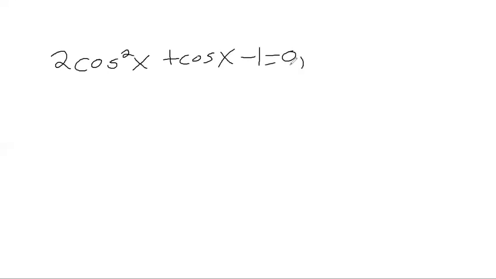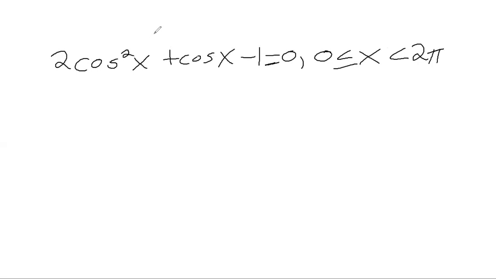So, for instance, something like 2 cosine squared x plus cosine x minus 1 equals 0, where 0 is less than or equal to x less than 2 pi. So if you think about it like this, well, this looks similar to a quadratic equation, right?